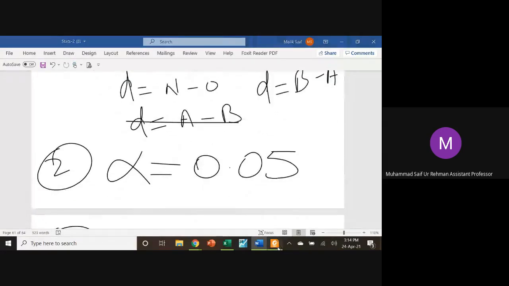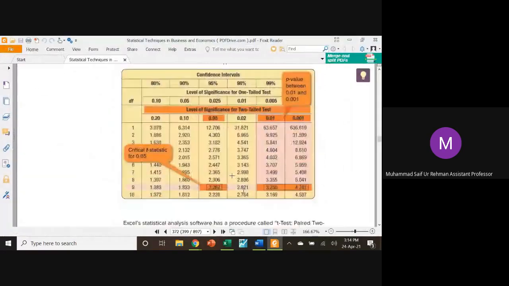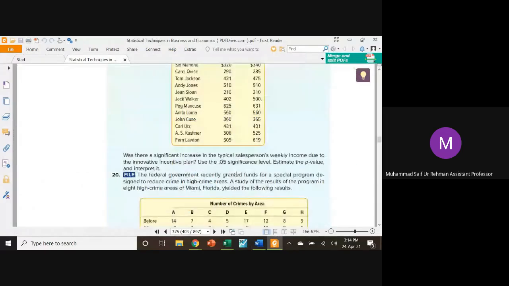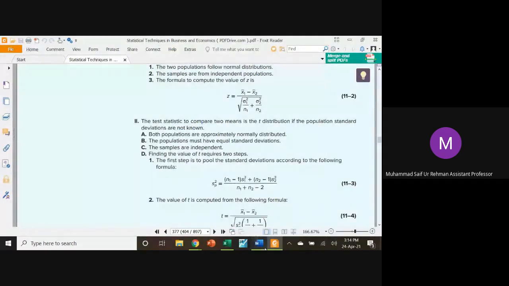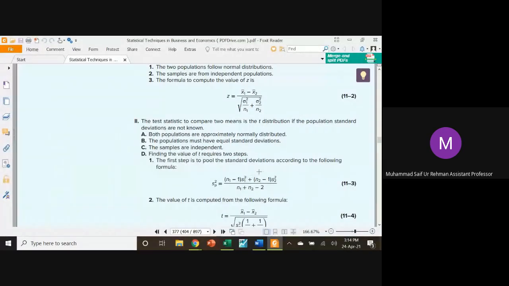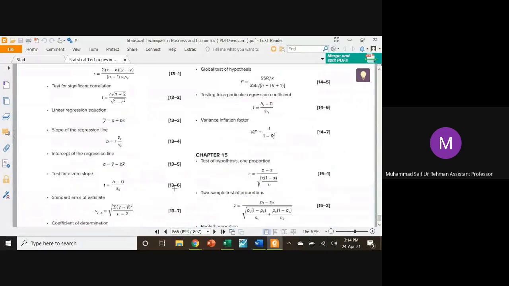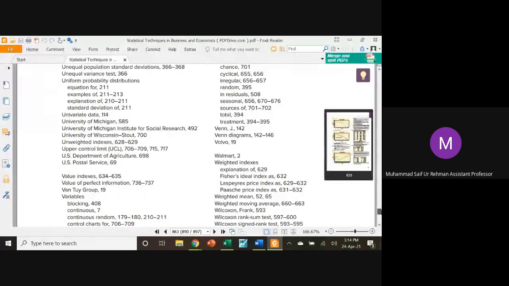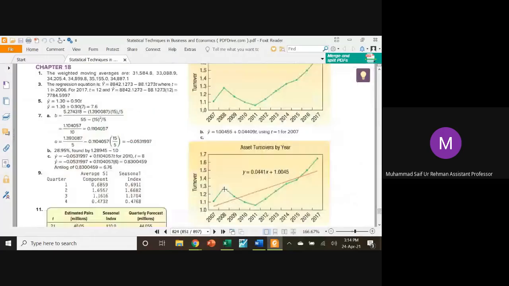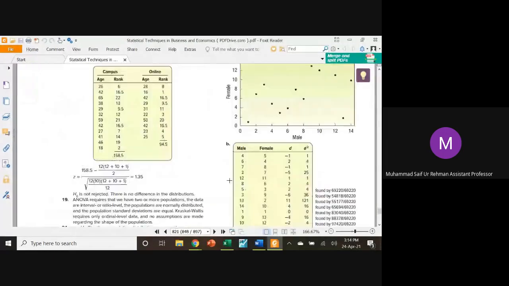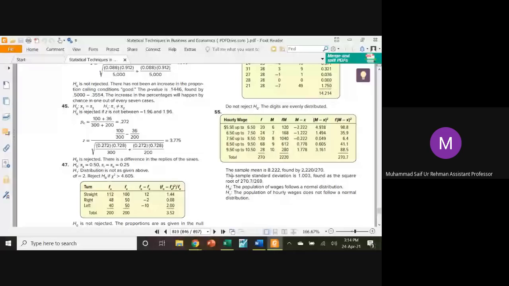So this was the question that I have taken from your book, question number 41. So we may check the answer for this question. 41, chapter 11.